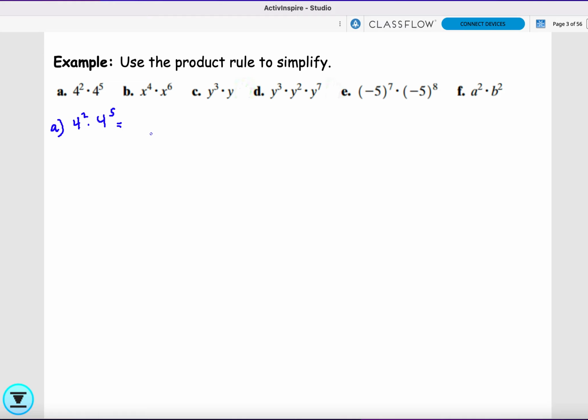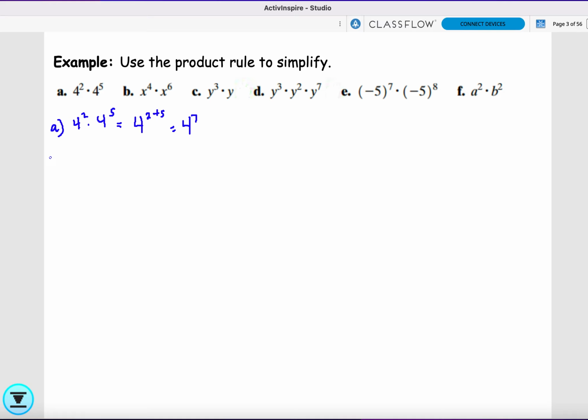So the base is just 4, but we're adding the exponents. So it'll be 2 plus 5. 2 plus 5 is 7, so it'll be 4 to the 7th power. You can plug that into your calculator if you wanted to. And we can move on.